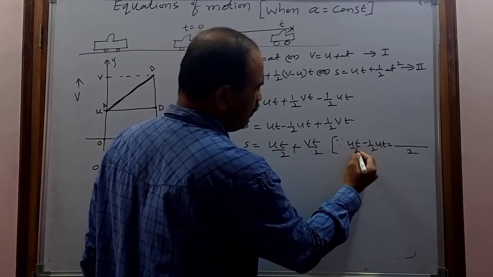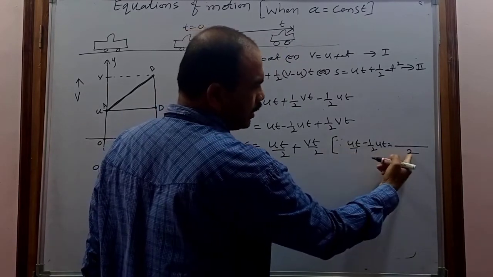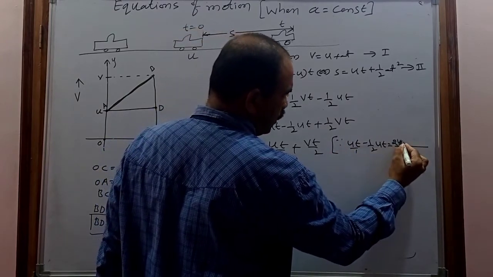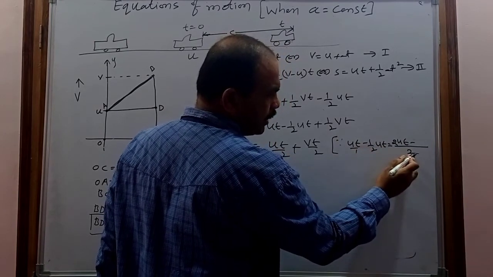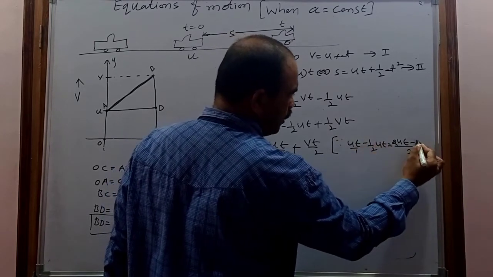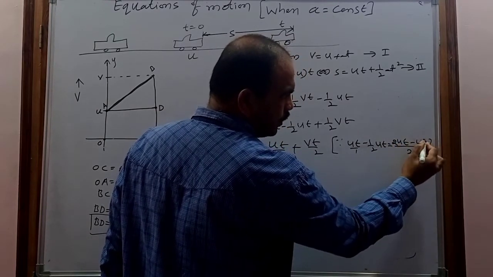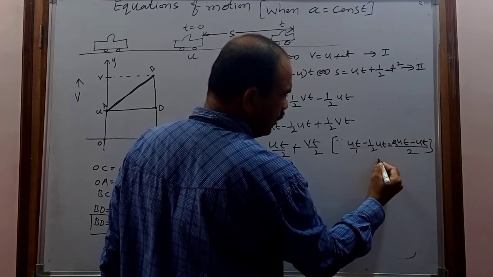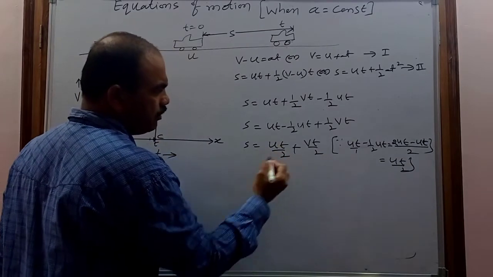So here 1 will be there. With what value is the 1 multiplied to get the 2? 2 into ut, 2ut minus, and with what value is the 2 multiplied to get the 2? 1 into ut. So that's 2ut minus ut, that is, 2 into ut minus ut. So what do you get? Ut by 2. So that's why I am taking here ut by 2.